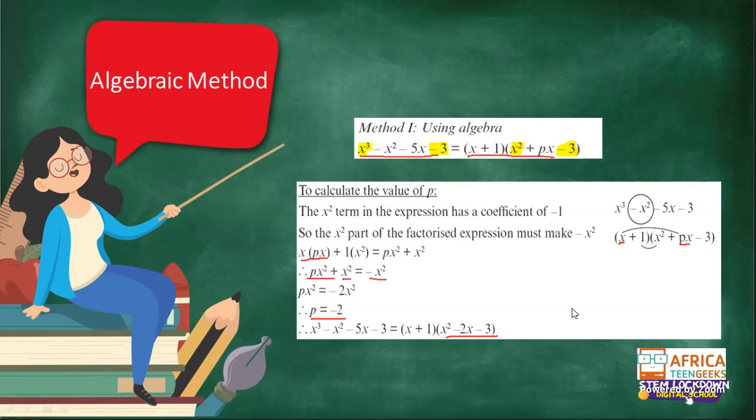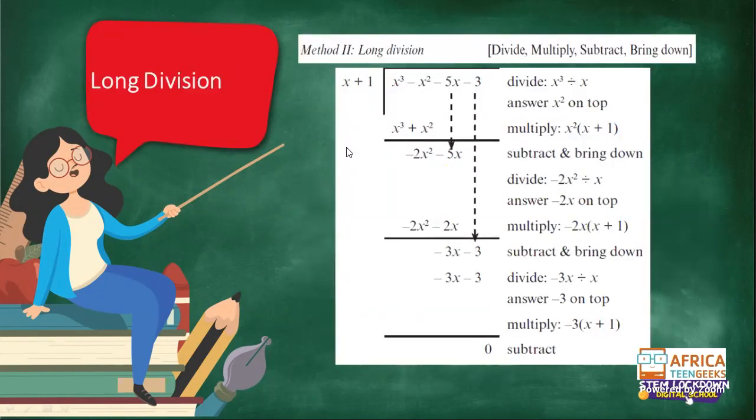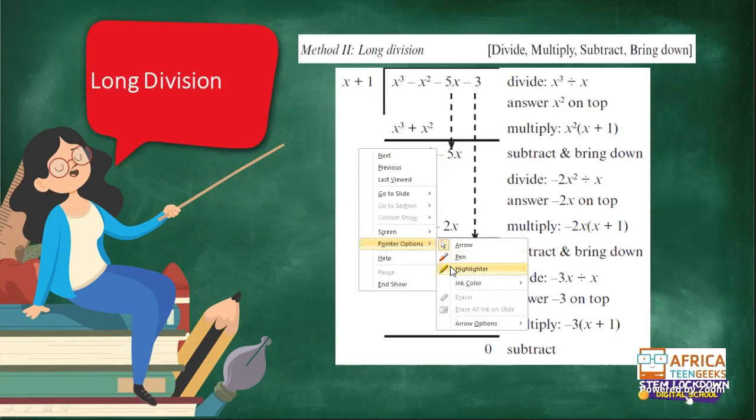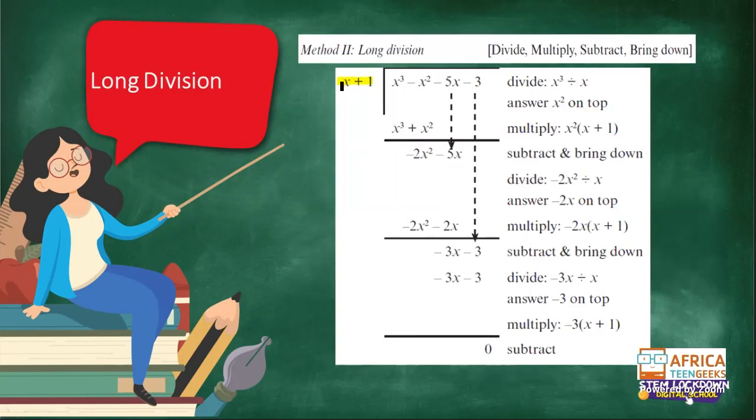And then for the quadratic term, you would either use the quadratic equation or inspection to solve it. Now long division, because some of you were asking how long division works. You still use your factor, because this is the x plus 1 that we got from the factor theorem.